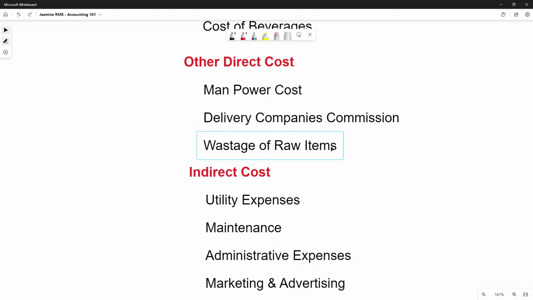If we have wastage in the kitchen, it will be one of our costs, so we have to take extra caution about the wastage of raw items during the cooking, during the preparation of the meals or of the goods that we sell.